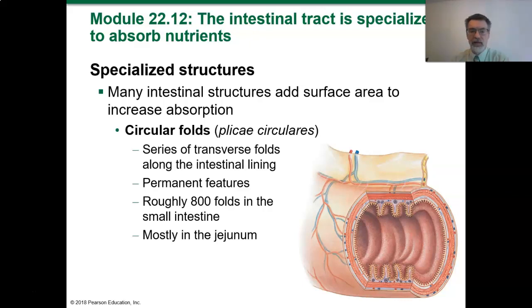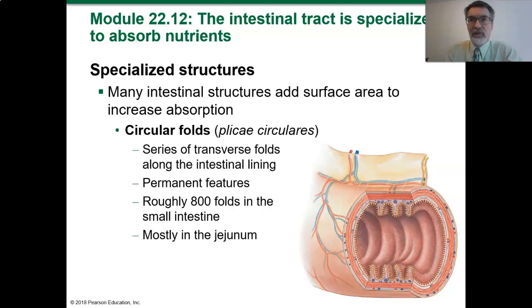These folds again create a large amount of surface area in the intestines. So again, roughly 800 folds in the small intestine, mostly in the jejunum, where again we're going to be doing lots of food absorption. Duodenum's only a small part of the intestines, right?